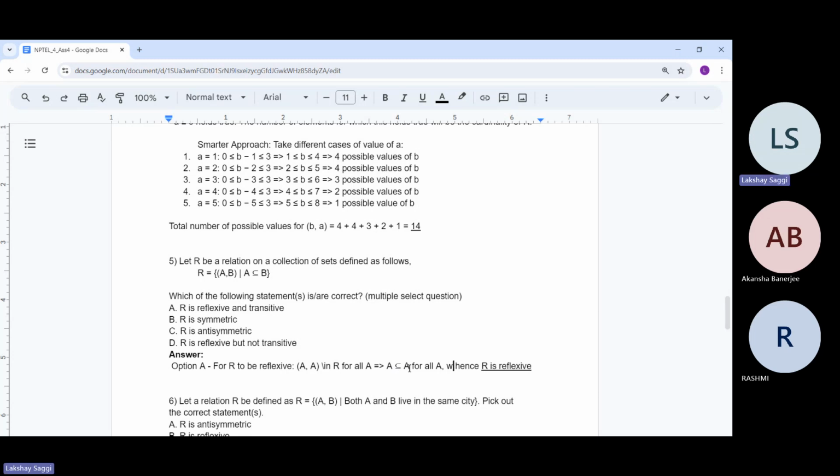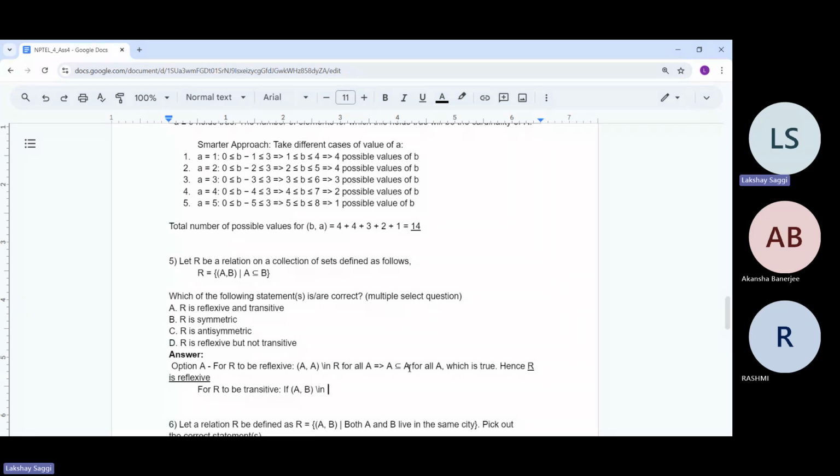And now for R to be transitive, I hope everyone knows what transitivity means: if (A, B) is in R and (B, C) is in R, then (A, C) should also be in R. This is what we call transitivity.